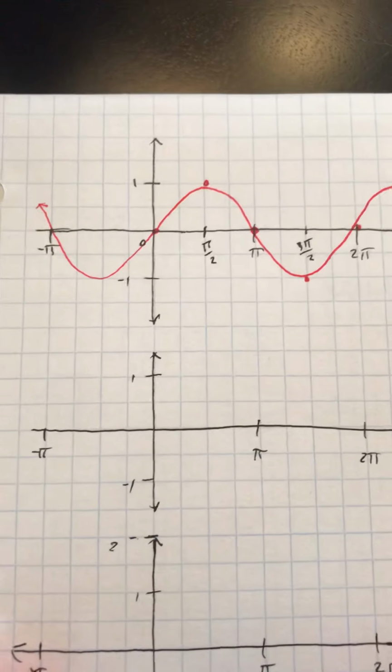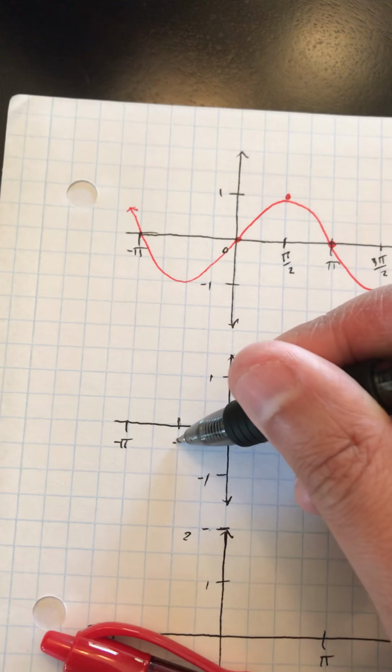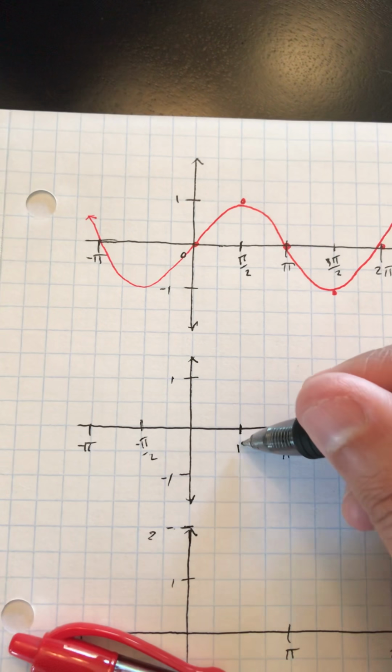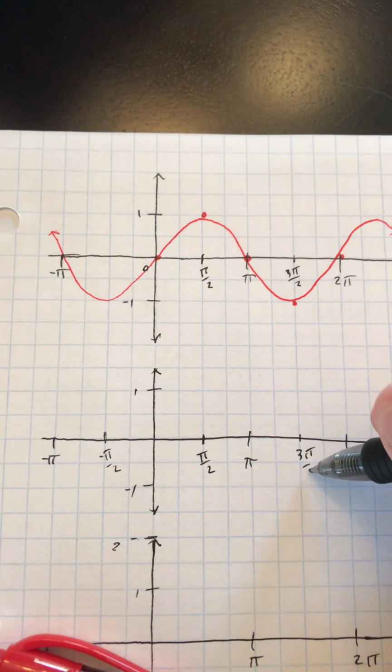So on this graph here, I'm going to add that in. Negative pi over 2 is going to be right here. Pi over 2 is going to be right here. 3 pi over 2 is going to be right here.